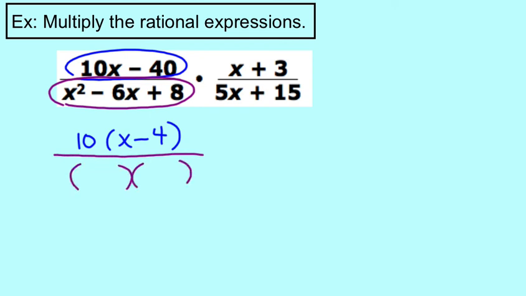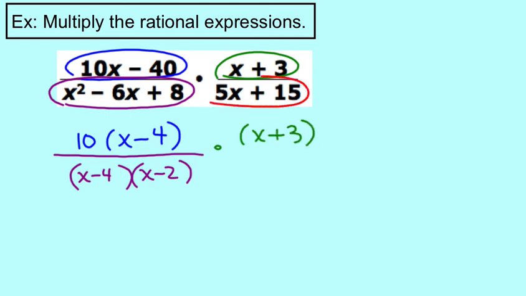So what are the factors of 8 that add to negative 6? That's going to be x minus 4 and x minus 2. Nothing can be done with that, so this is just x plus 3. And then in the denominator, I can take out the GCF again. So I have 5, and then left with x plus 3.